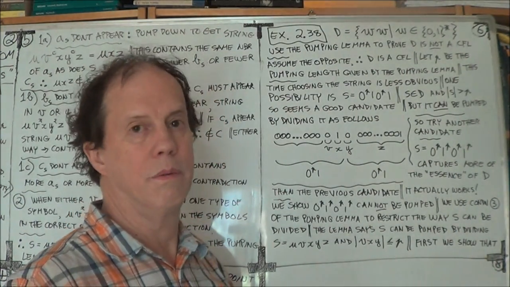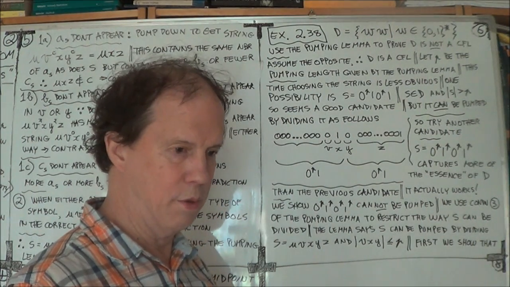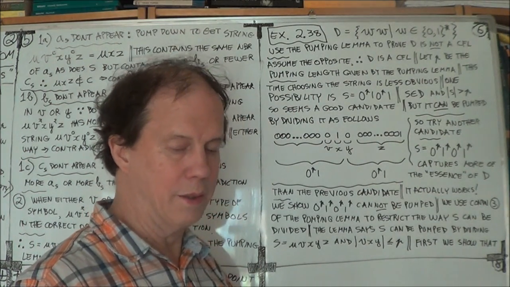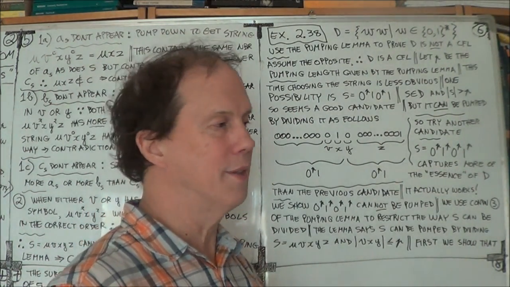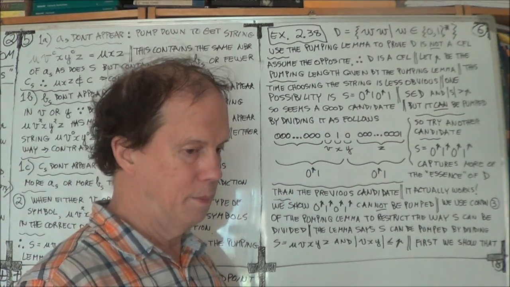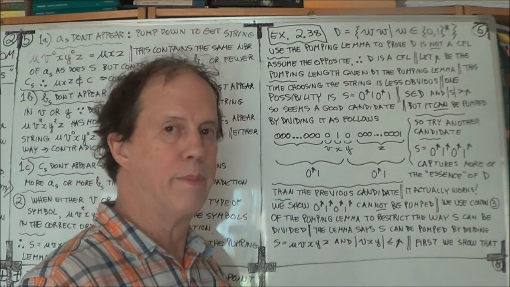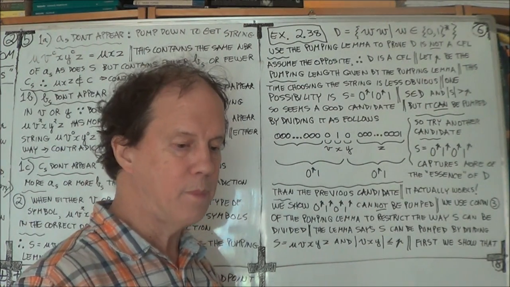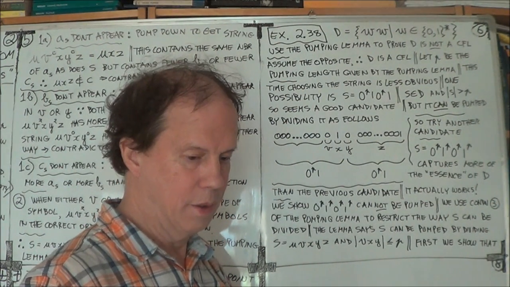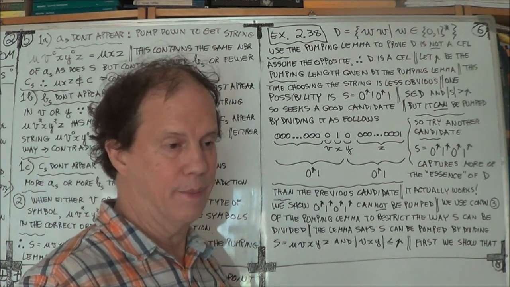And as usual, you prove that it's not context-free by proof of contradiction. You'll use the pumping lemma again. This is our 8th time now we've done this. So you just need to find one counterexample, one string that cannot be pumped, okay, to contradict the assumption that the language D is context-free.